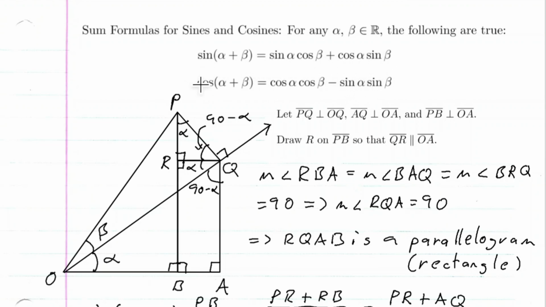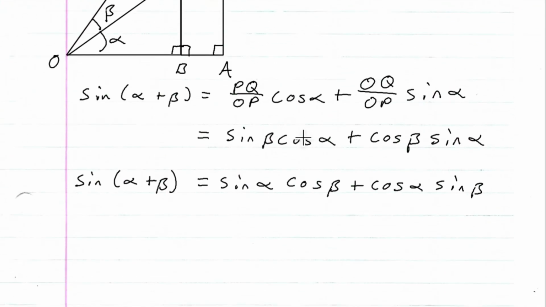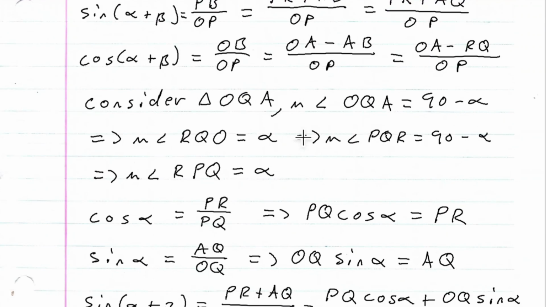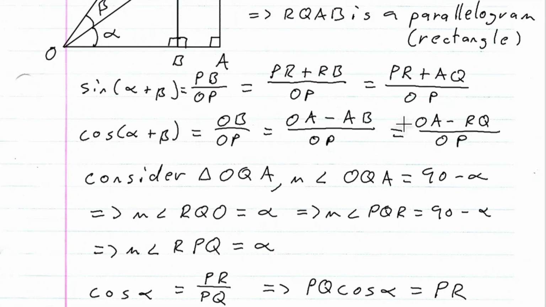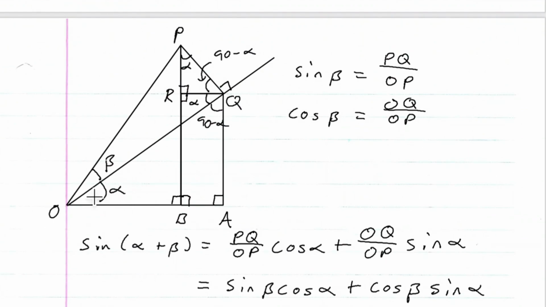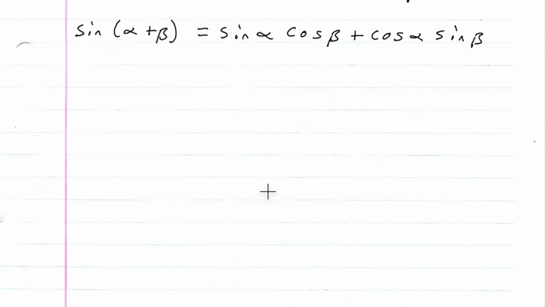Now we're going to look for cosine of alpha plus beta. We have cosine alpha plus beta equals OA minus RQ, so we're going to try to find OA and RQ. For OA, we can do cosine of alpha is equal to OA over OQ.